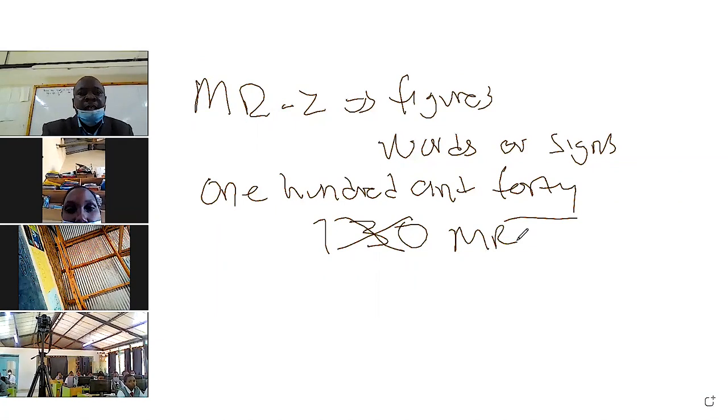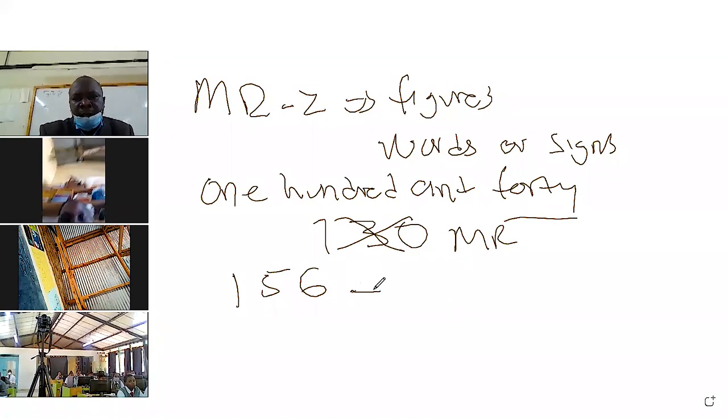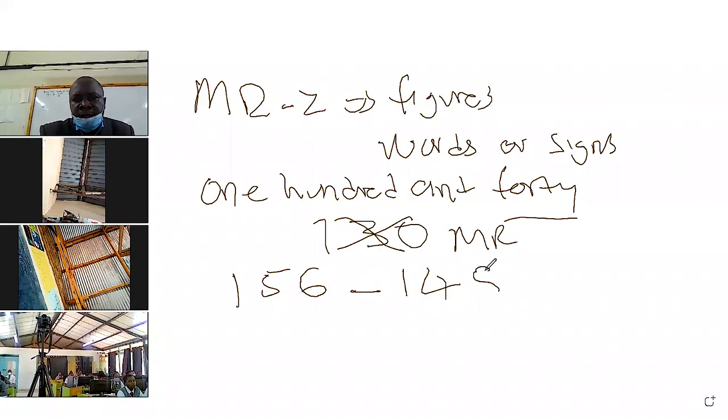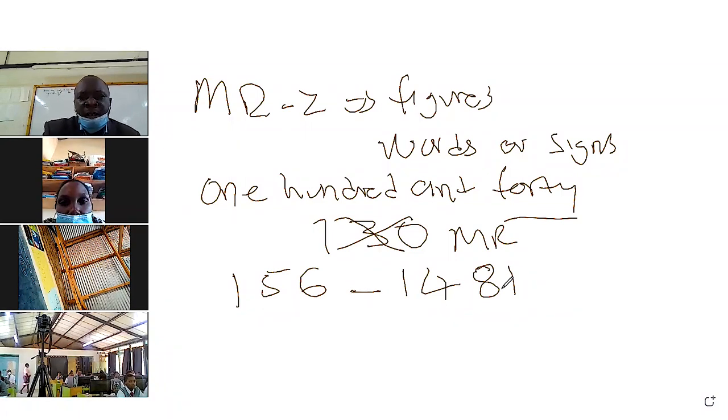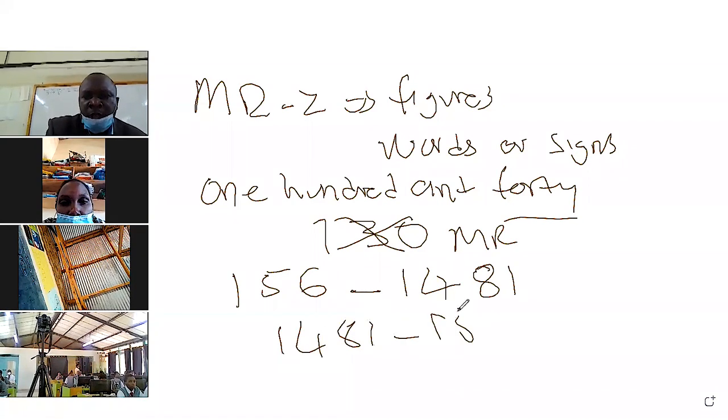And the same case, if you have been given, let's say, 156 plus 140, 1481 minus 156. Then maybe a candidate feels that this number, I cannot remember, we are working out this number using the number line. So you go ahead and feel like you are going to have 1481 minus what? 156, because that one looks easier, isn't it?